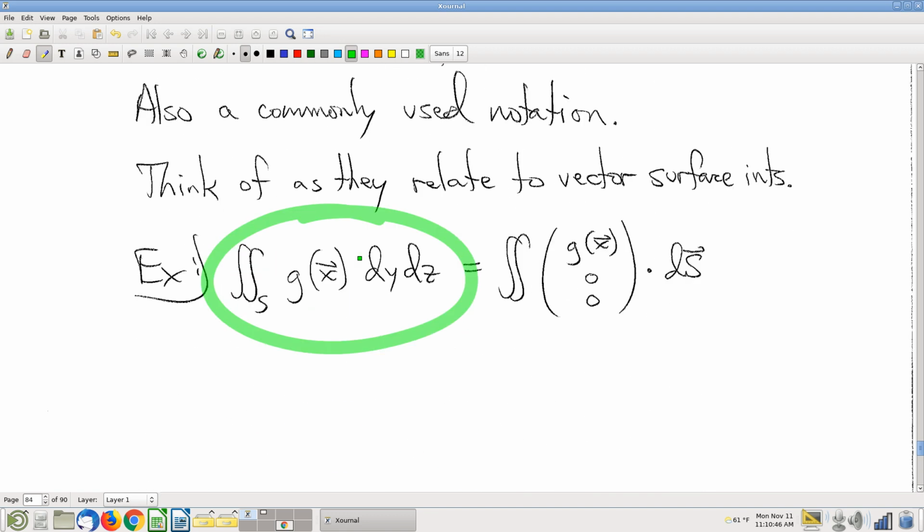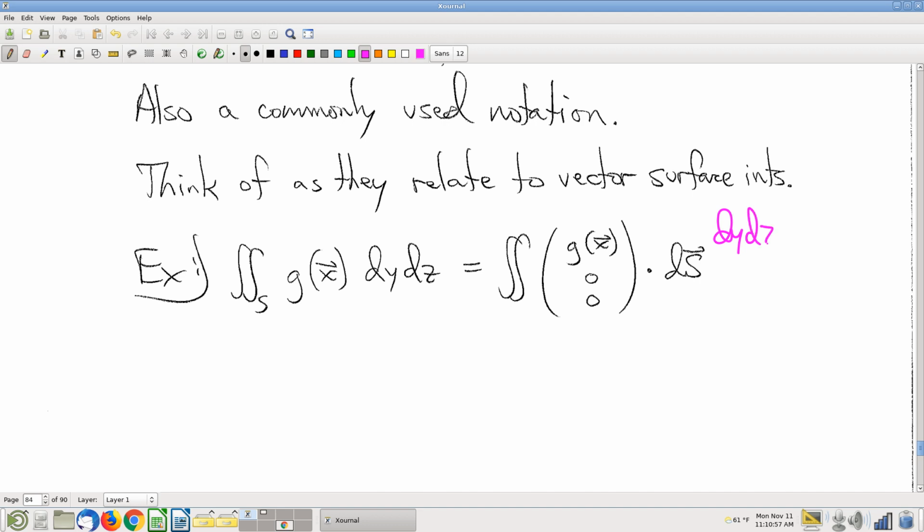I just want to point out another thing you can do, which is remember what the ds vector is. Remember that the ds vector is dy dz, dz dx, dx dy. And so this integral that you're looking at, g dy dz, is something times dy dz. Specifically, it's that times dy dz.